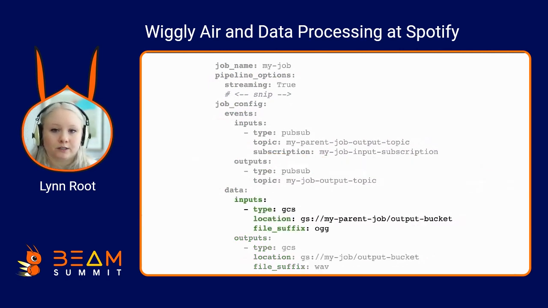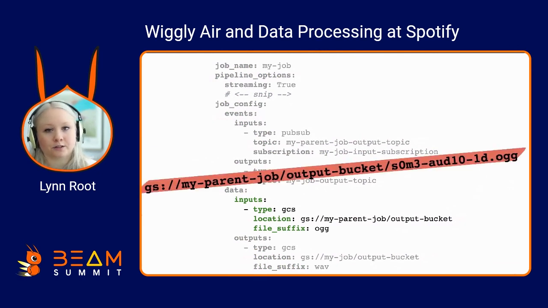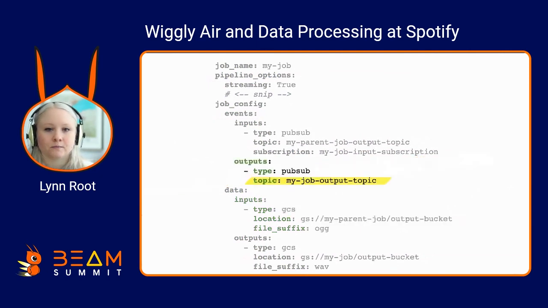Then check if input data exists by doing the same thing: construct the path based off of configuration and the Clio message, and look up its existence. If all is good, it will then call the user's code, which is essentially a subset of the entire pipeline, and finally write output to the configured topic.